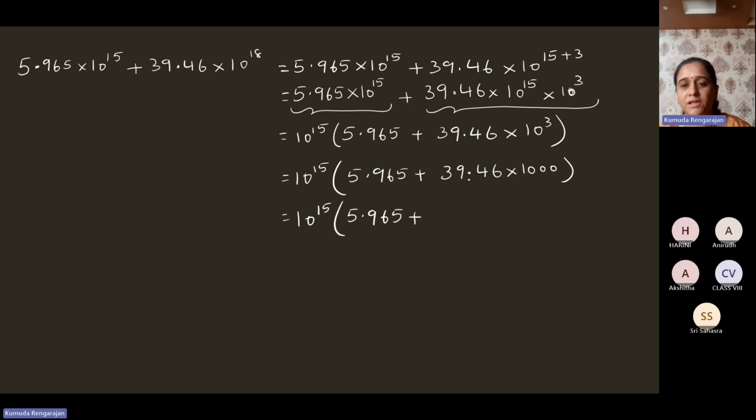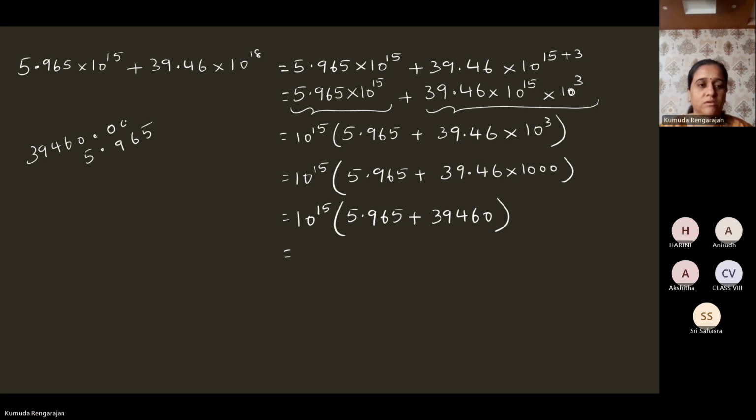And when you multiply 39.46 and 1000, the product is 39460. Now you need to add the two numbers in the bracket. It's 39460.000 and 5.965.